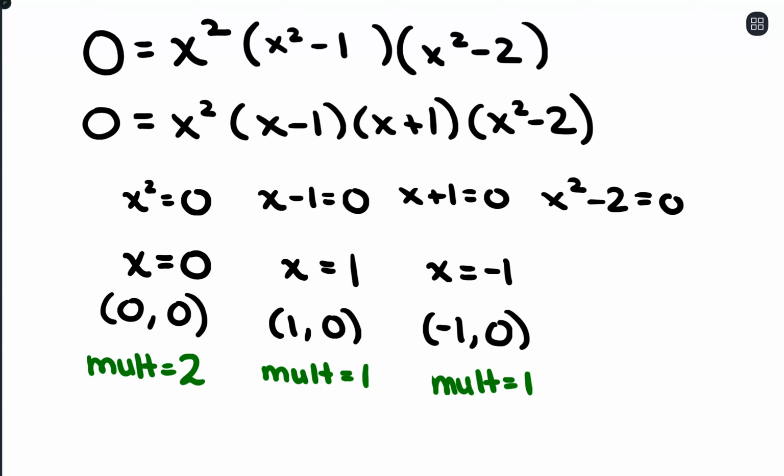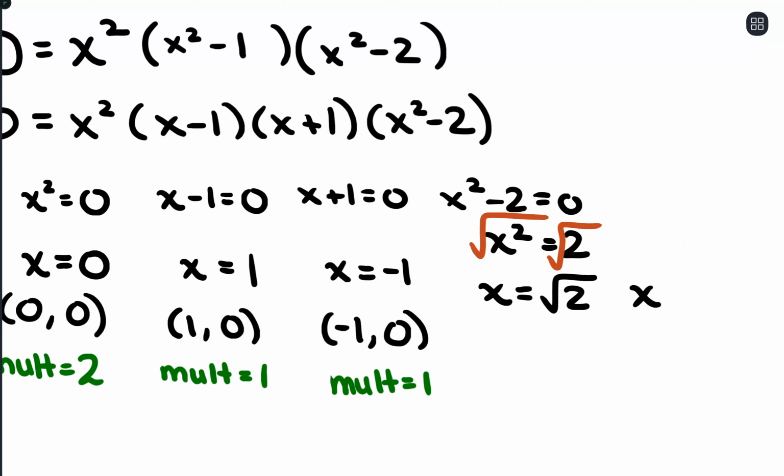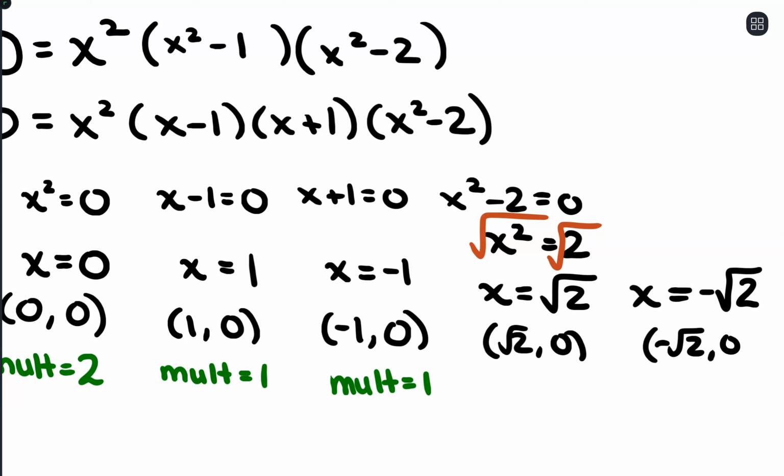And then x squared minus 2 equals 0, so we would add 2 to both sides, take the square root of both sides, and when we do that, we actually get a plus or minus, so we'd get a positive square root of 2, and we would get a negative square root of 2. So we get 2 points there, root 2, 0, and negative root 2, 0, each having a multiplicity of 1.